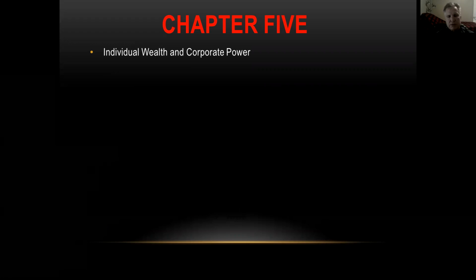The authors use examples of our energy use in the United States as examples of how individuals and corporations with wealth and power are able to influence markets, and they're able to get their way and advance their economic interests.